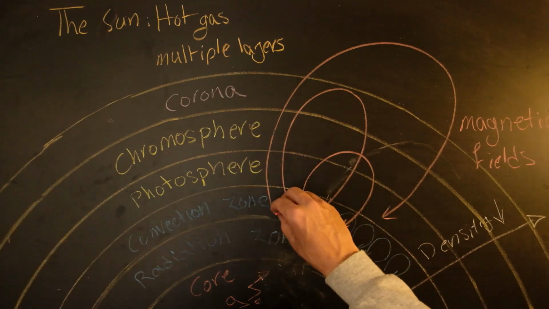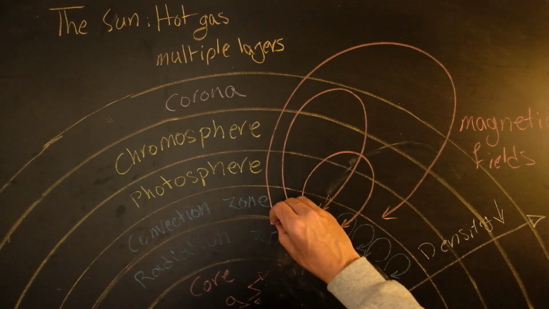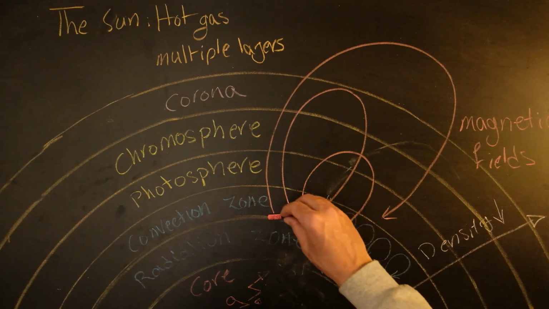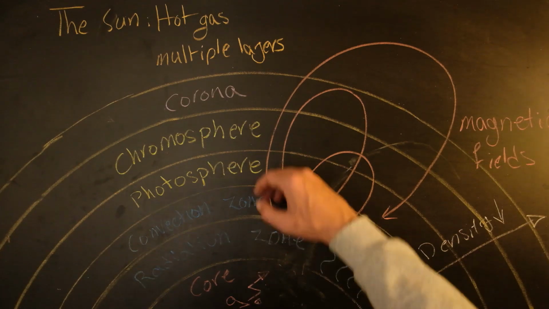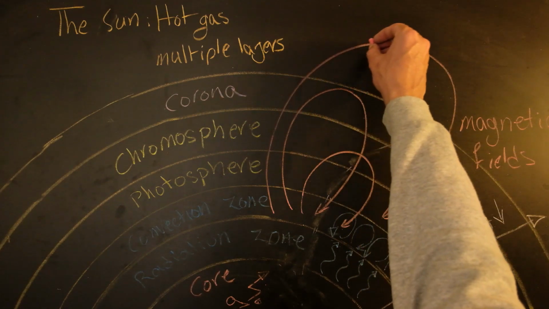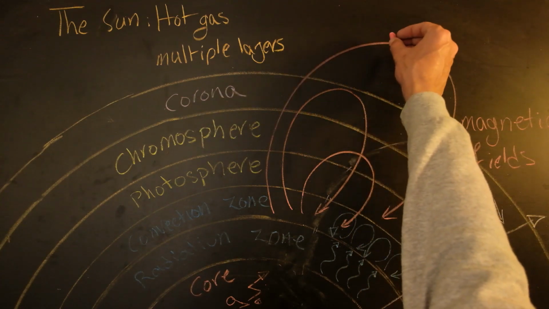So let's say this particle is a proton from a hot layer, close to the radiation zone with a few million Kelvin temperature. Then we have this magnetic field. This particle will move along this magnetic field because there is a force.